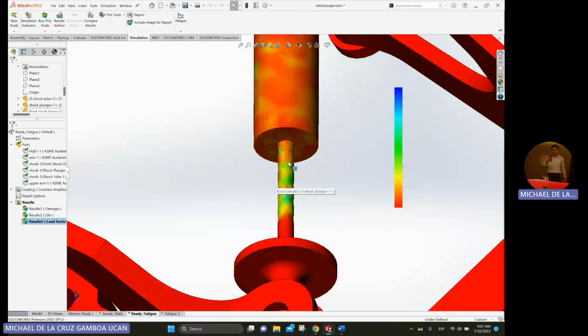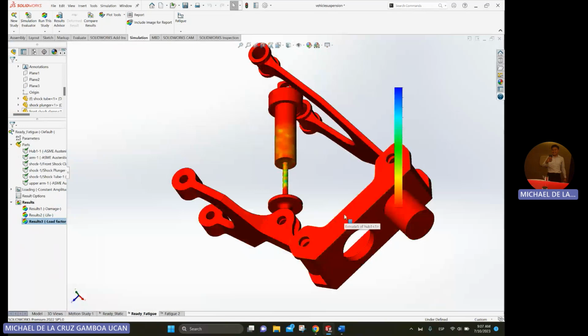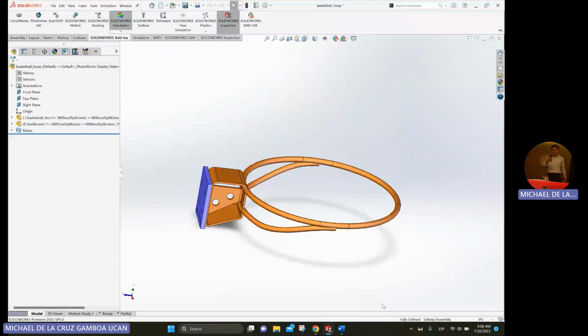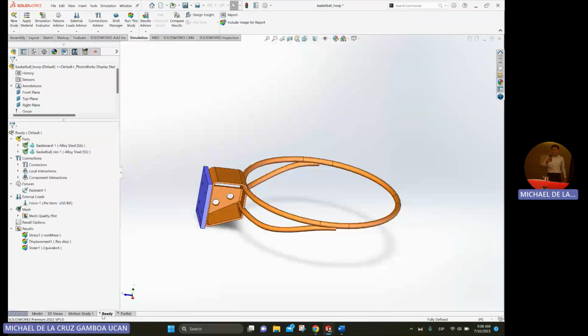Okay. The last tutorial made is the simplest, but interesting to observe. It deals with the basketball hoop. What happens when we apply a force at the end? Just here. Okay? For this exercise, 2 studies are performed.